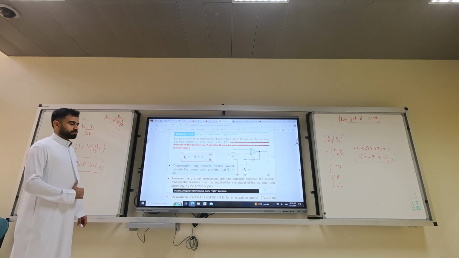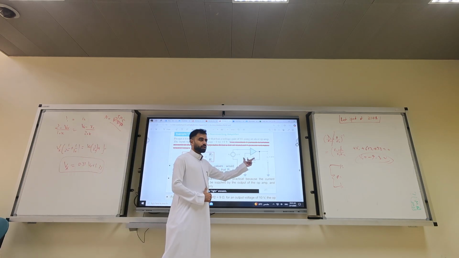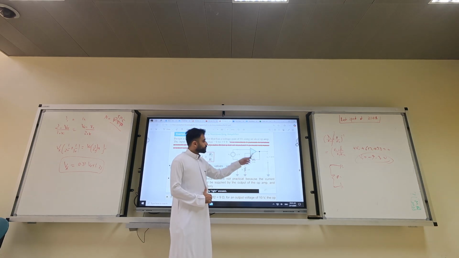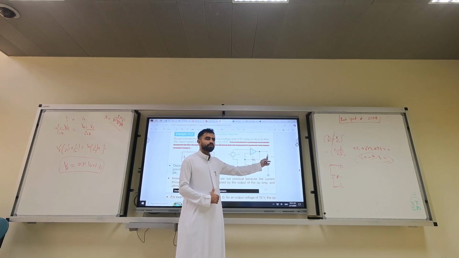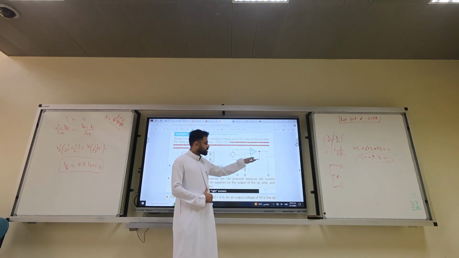If you have very small resistors here, V output over a small resistor will have very high current. So if you connect a load, you will not have enough current to drive it, because lots of the current is consumed in the mathematical operation here. Let me repeat.